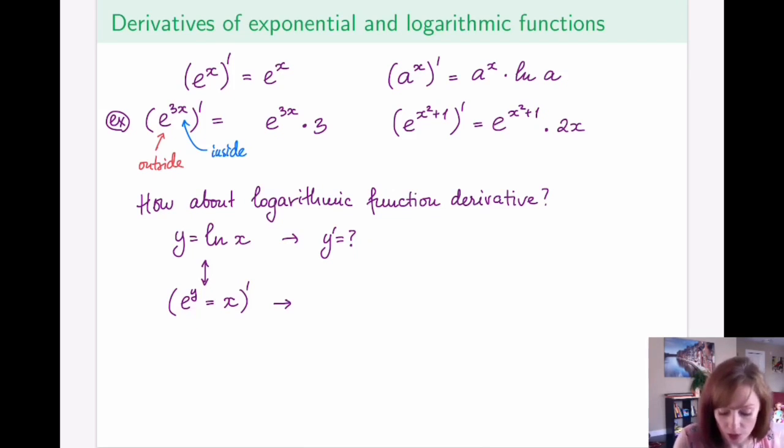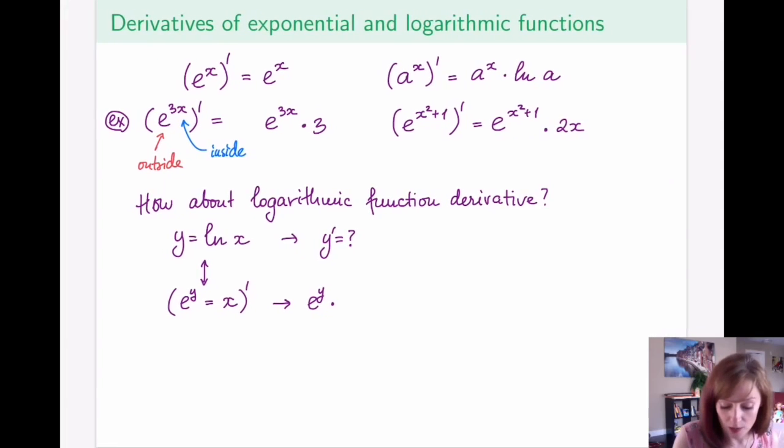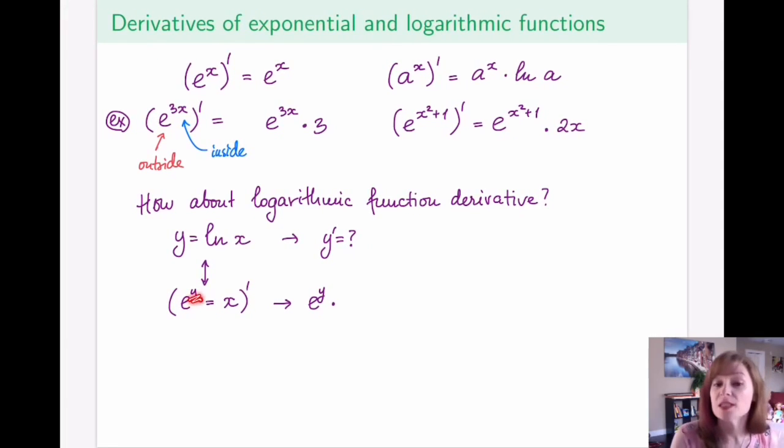So the derivative here is itself, except for the inside of it is not just x, but y, which is a function of x, which means that, as implicit differentiation suggests, I should follow up by the derivative of y, which is y prime. It's implicit differentiation. I don't know what y prime is. I'm just going to keep it as a packaged deal here. And then equals to the derivative of the right-hand side. The derivative of x is just 1, so I have just 1. Now remember, I'm after y prime, so I'm going to solve this equation for y prime.